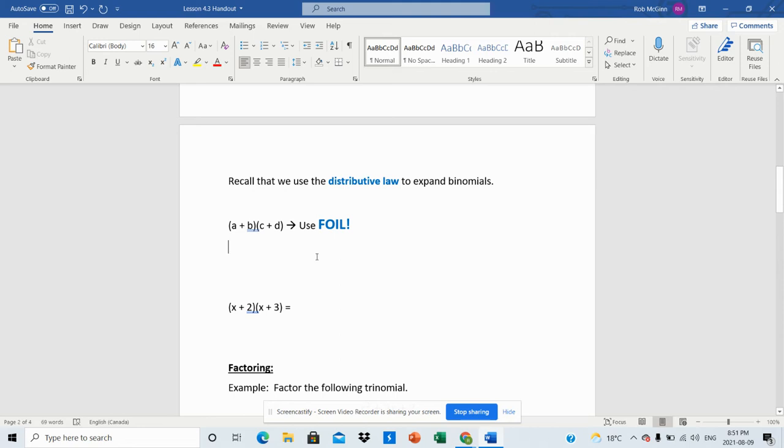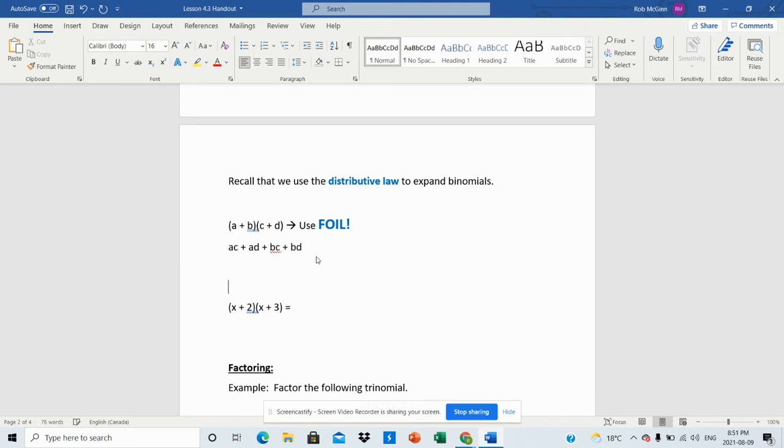So when we do FOIL, we multiply our first terms, a times c, so we get ac. And then we do our outside terms, a times d, and it's going to be positive. And our inside terms, b times c. And then finally, our last terms, b times d.